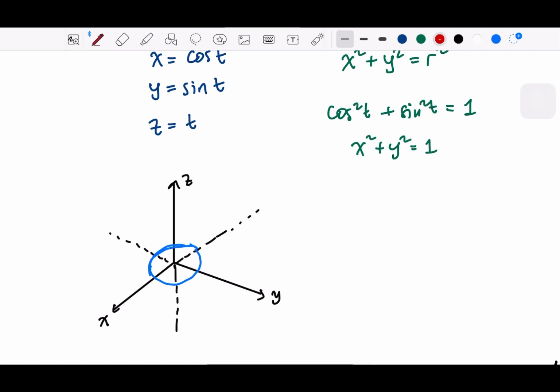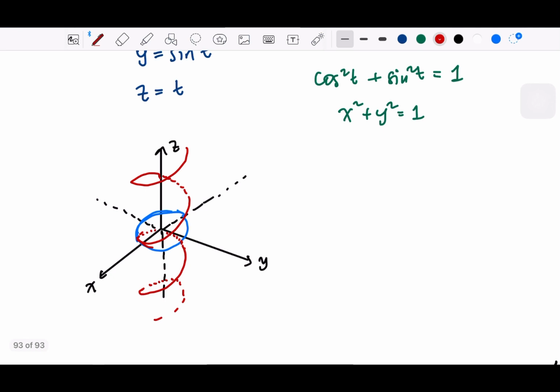So when we change t, we are going to move out, so we are going to have a helix. So the curve is a helix.